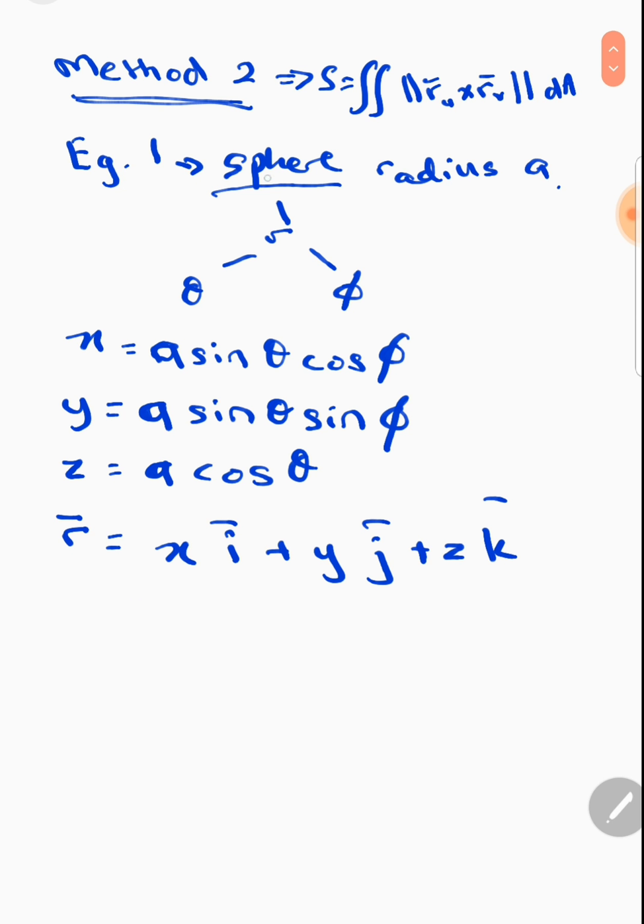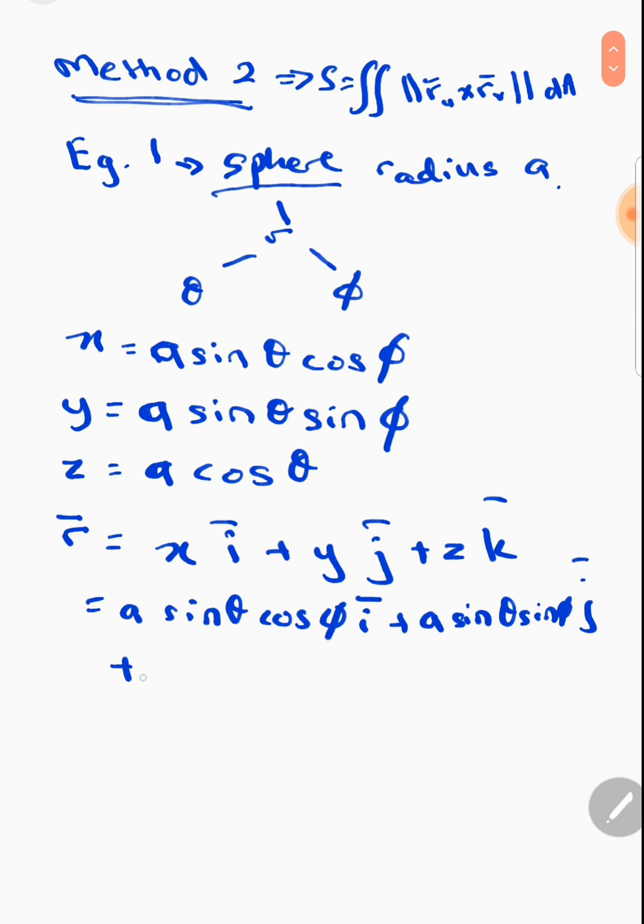Of course, depending on whether it's a spherical or cylindrical shape. This one applies to a spherical shape. This leads me to a sine theta cos phi i plus a sine theta sine phi j plus a cos theta k.